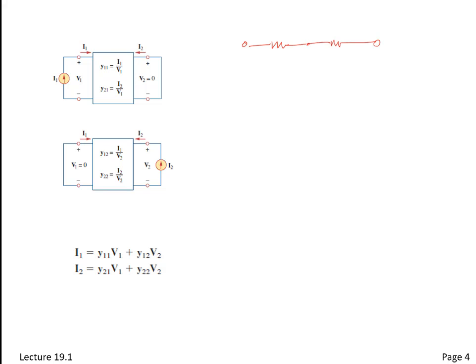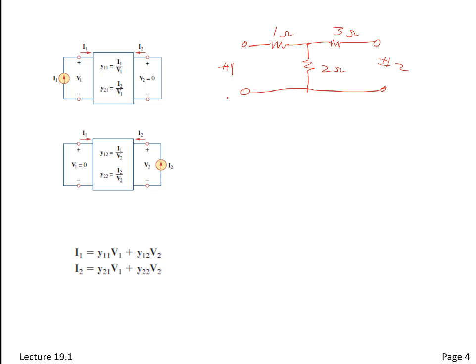It's almost like a conversion problem. So there's our two ports, port number 1 and port number 2. And this is simply 1, 2, and 3 ohms. And these are ohms, not mhos, which would be admittances.